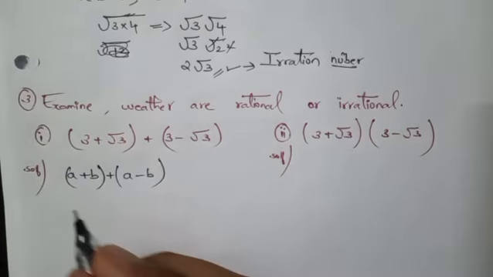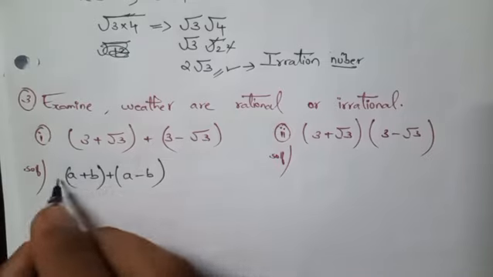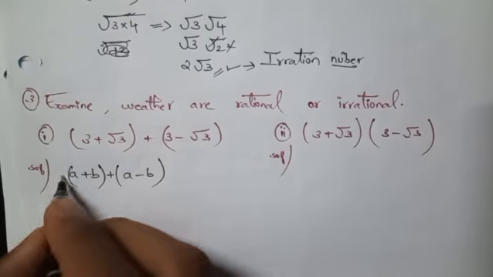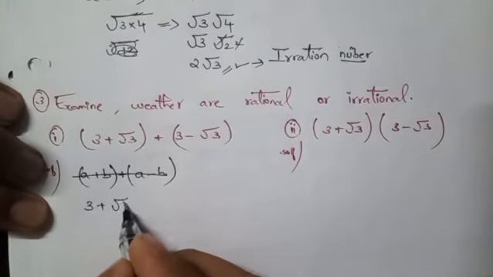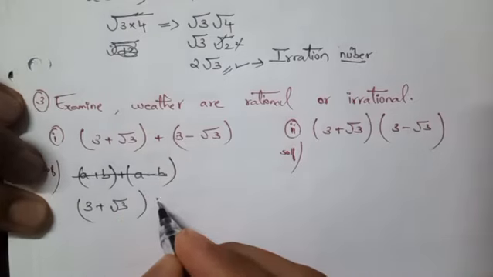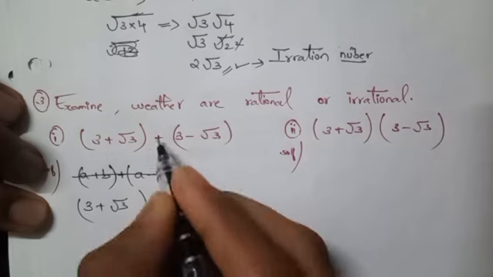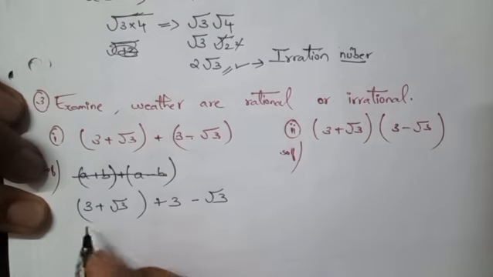But you can do a simple method. Don't use this formula. I'm writing the above question: 3 plus root 3 plus 3 minus root 3. You have to open the brackets.